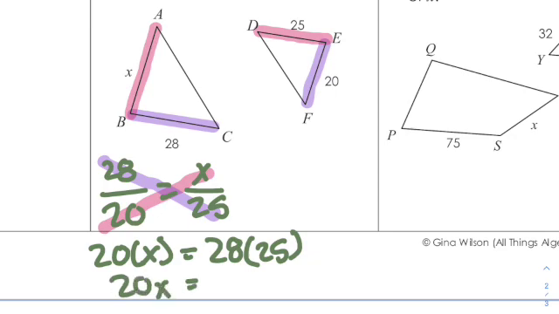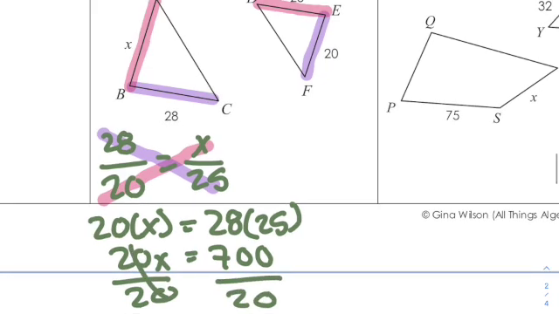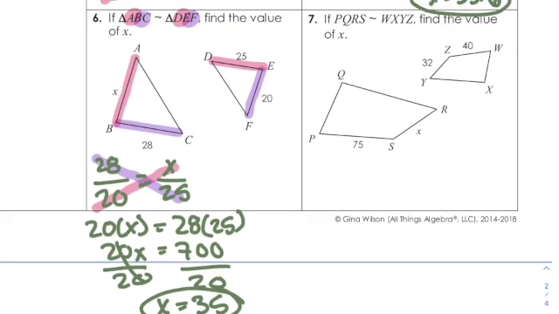Then 28 times 25 is 700. Okay? Then we divide both sides by 20, and x equals 35. So that's your answer. So let's go to the next problem.